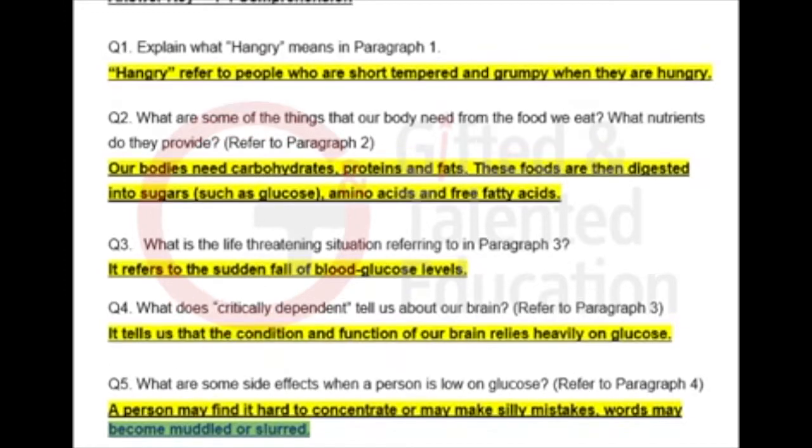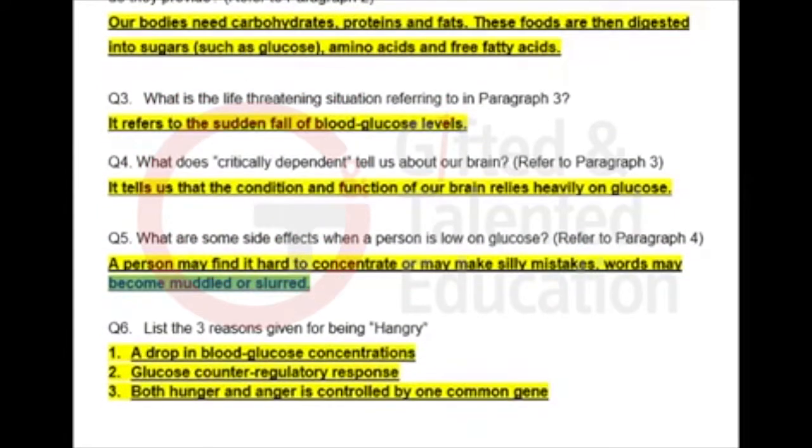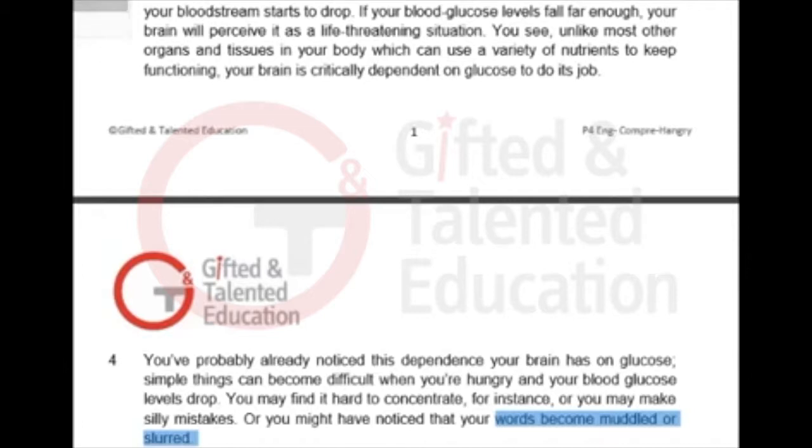Shall we move on to question 6? In question 6, we are asked to list the 3 reasons for being hangry. Let's refer back to paragraph 6.